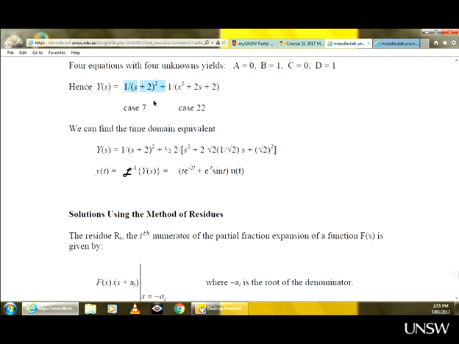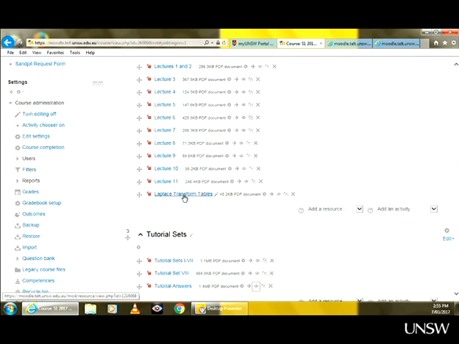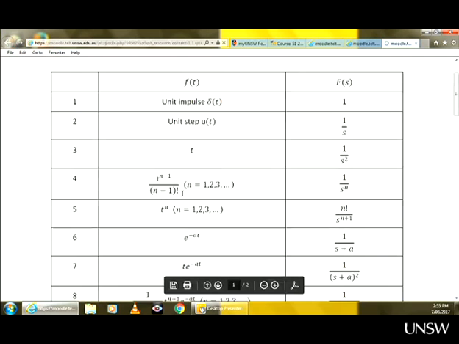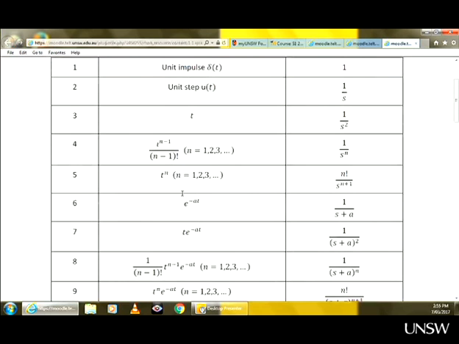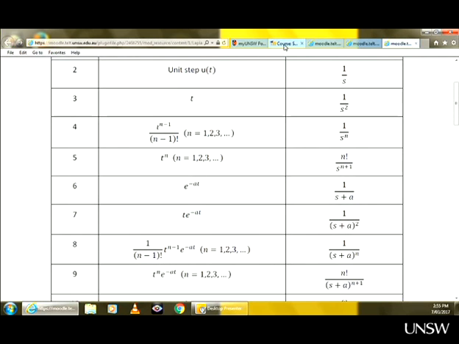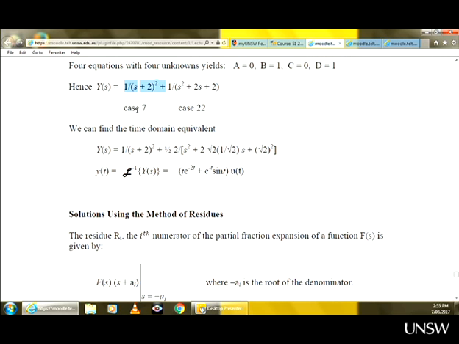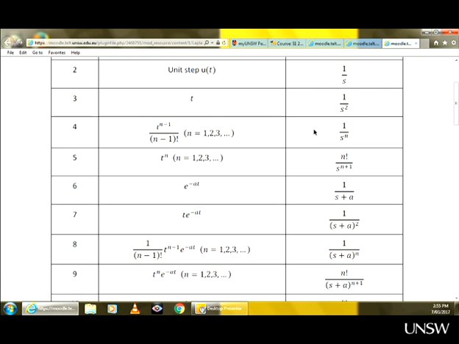Inverse Laplace. This term, the highlighted term, is easy. It is case 6 from the tables. No, case 7. Did I say 6 when it says 7? Could be a little bit tight. So, case 7.